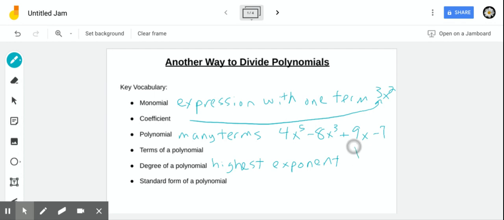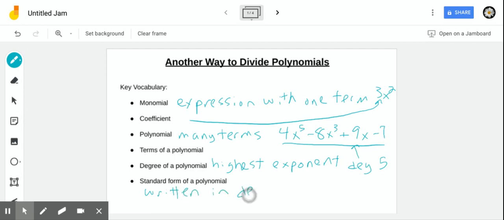So this polynomial up here, this whole thing, would be degree 5, okay, because the highest exponent is x to the fifth.